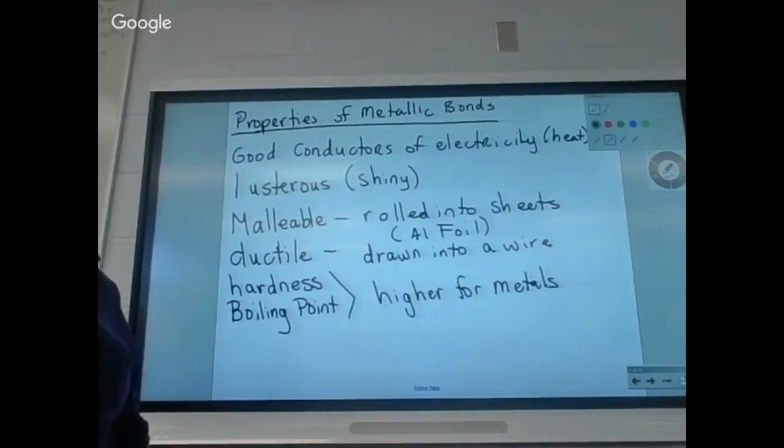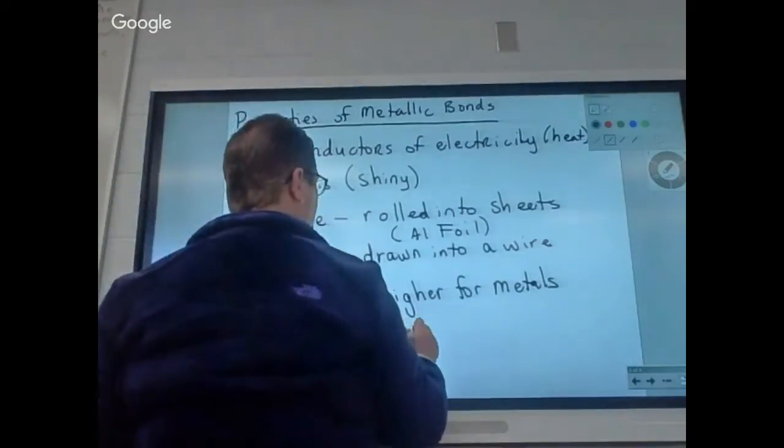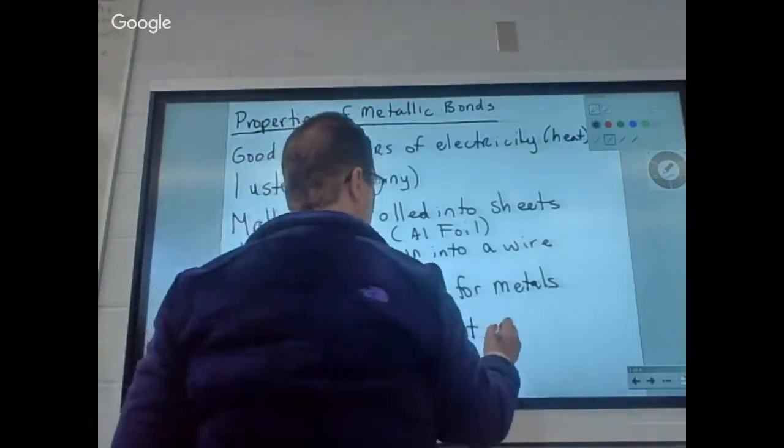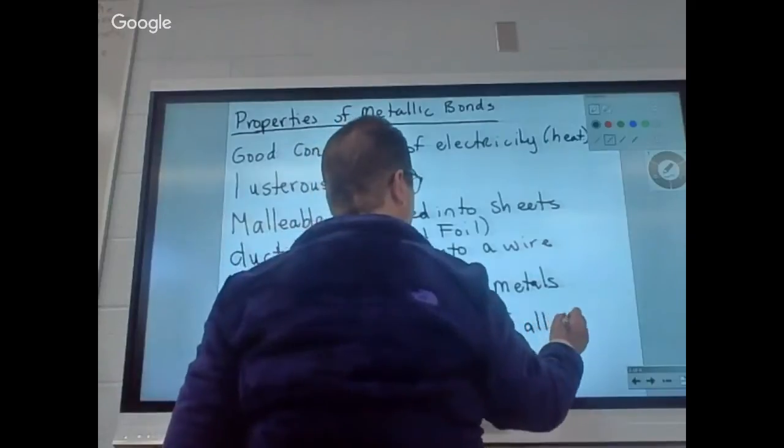Anybody know? How do metallic bonds rate compared to ionic bonds and covalent bonds? Is it a stronger bond or a weaker bond? A stronger bond, okay? It is the strongest of all the bonds.